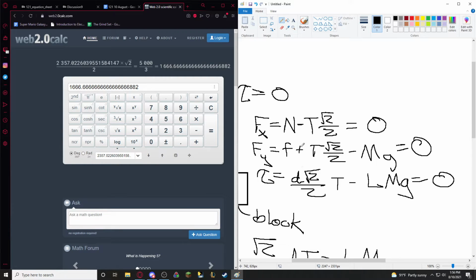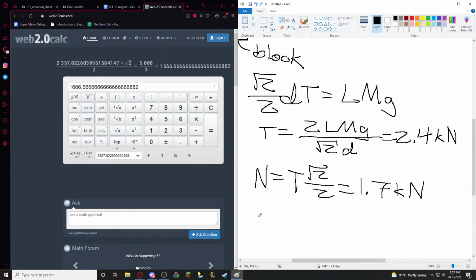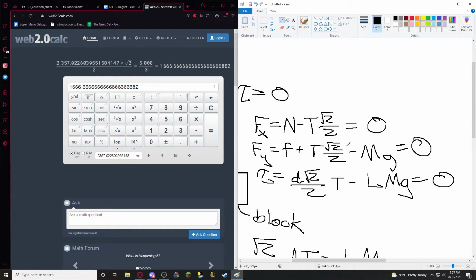And then for the Fy equation, we can solve for the frictional force. We know F is equal to big Mg minus T root 2 over 2.